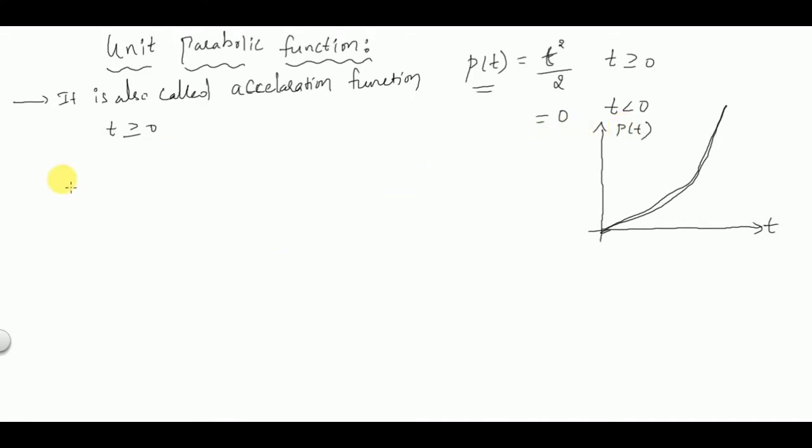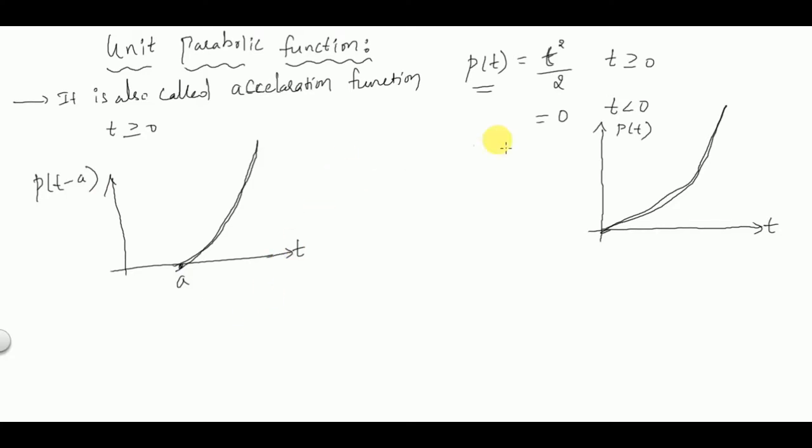Similarly, the shifted version of unit parabolic function p of t minus a is like this. So instead of starting from 0, now it starts from a. So this is p of t minus a versus t.